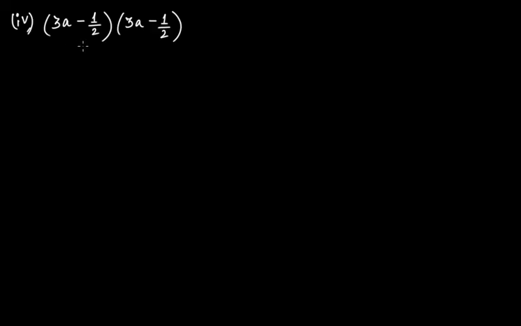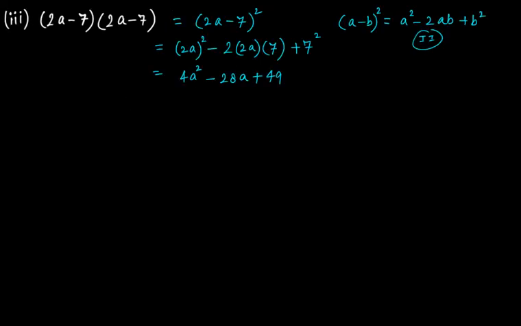This is 3a minus 1 by 2 multiplied by 3a minus 1 by 2. Now this can be written as 3a minus 1 by 2 whole squared. Now this should remind you of a minus b whole squared, that is standard identity 2, and this is equal to a squared minus 2ab plus b squared, exactly what we have discussed here.